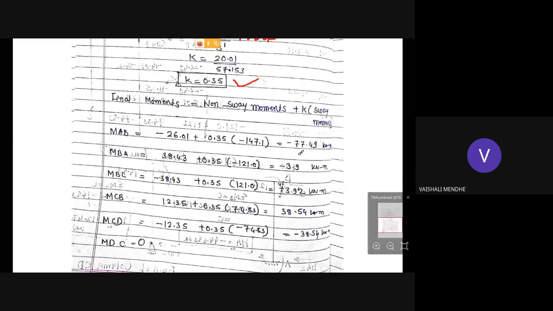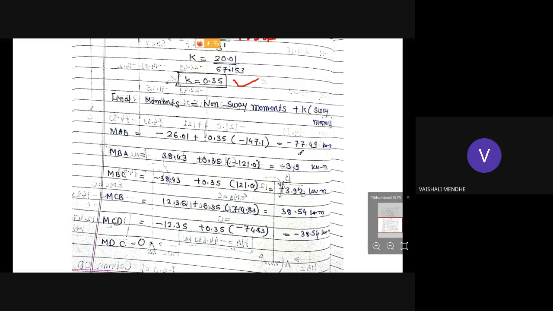Okay, so BA gives -3.9, so BC should give +3.9 itself. Equilibrium of B and C should be satisfied. Then you can say that your values are corrected. If you go with this process and there are no calculation mistakes, you'll get the right answer.